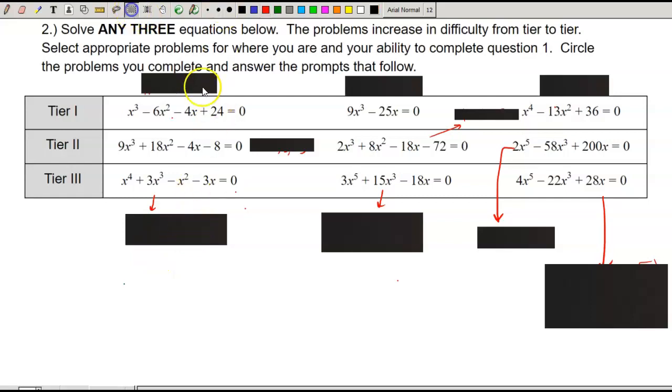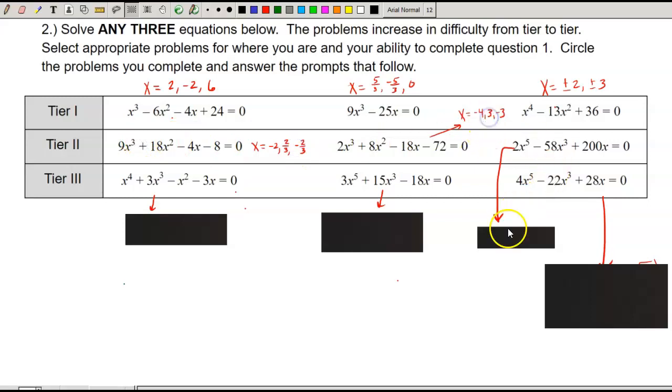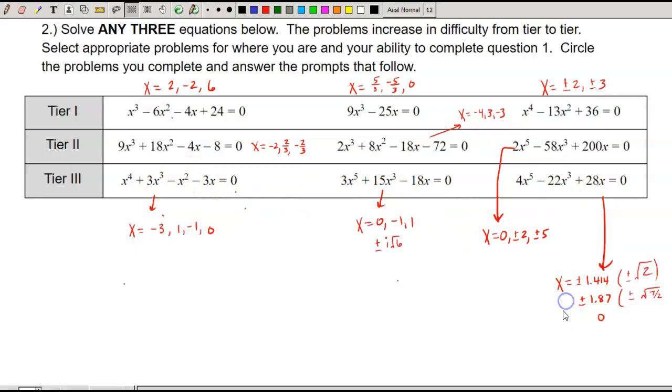All right. So I'm going to go ahead and delete some of these just to show you what the answers are for Tier 1. Tier 1 answers are right there. Tier 2 answers are right here. Tier 3 answers are all right there.